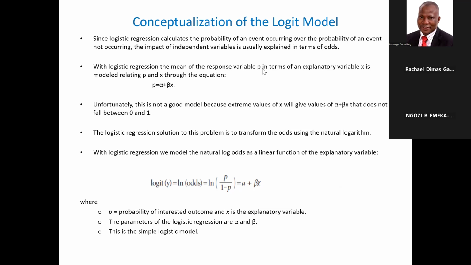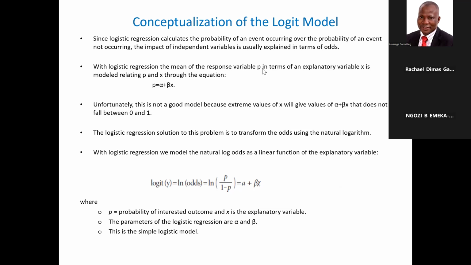So with logistic regression, the mean of the response variable P in terms of the explanatory variable is modeled by relating P and X through the equation. If we remember the linear equation, we say y is equal to a plus bx.